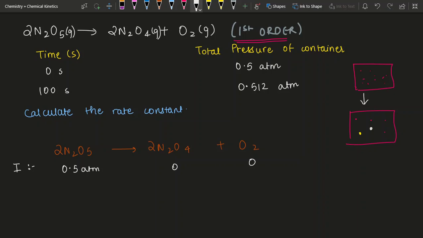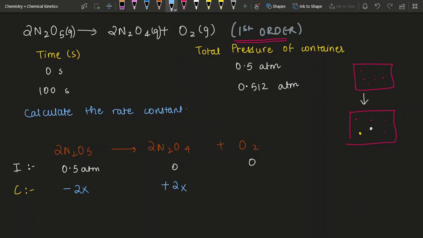Now, as you progress in the reaction, the change that occurs, let's say that if 2 moles of N2O5 have decomposed, then there is a pressure decrease of minus 2x. And if 2 units of N2O4 have been formed, there is a pressure increase of 2x.